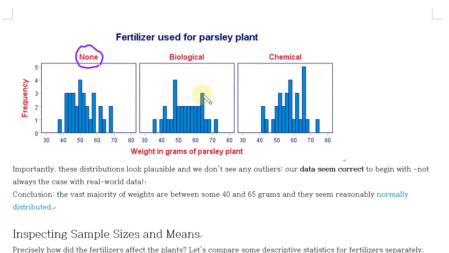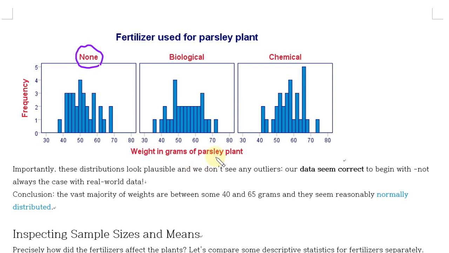Once you use the different ingredients, we can detect the grams, I mean the dependent variable, the result. So we can easily detect whether there is a difference, right? This is none. This is a biological fertilizer. This is a chemical fertilizer. Whether we can see the difference in gram weight between them.